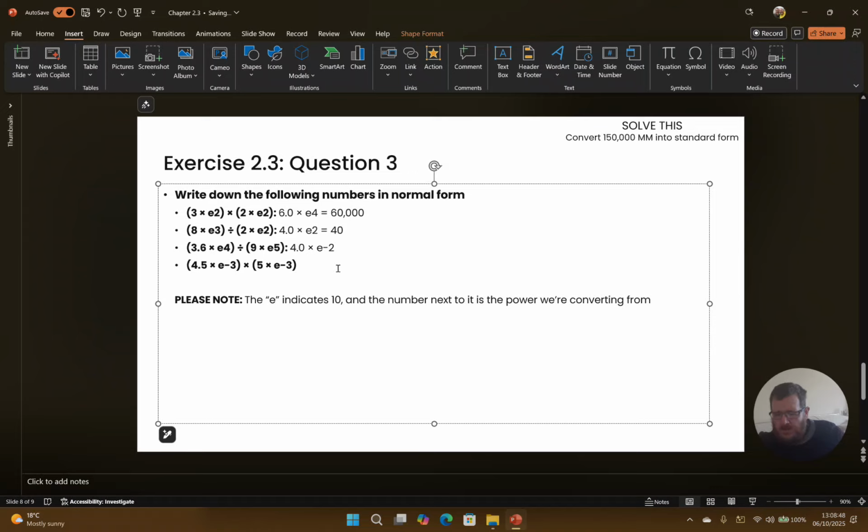And now we want 4.5. Let me just try this one. 4.5. So that is minus 3, 1, whoops, 1, 2, 3.